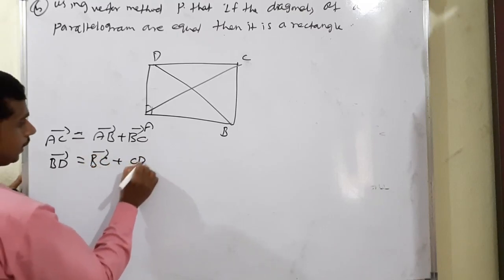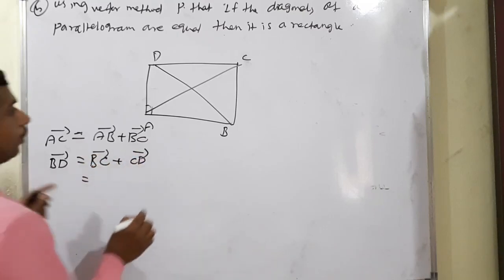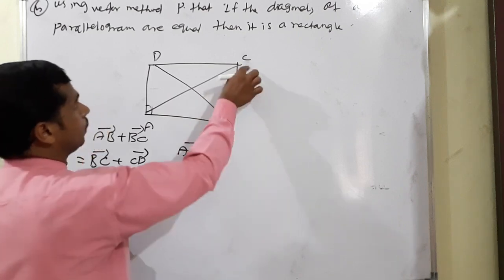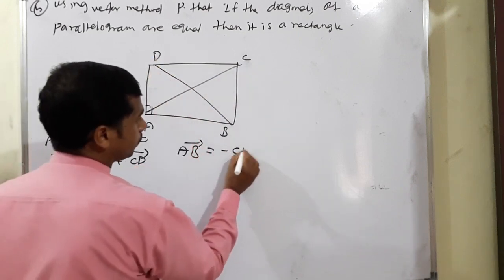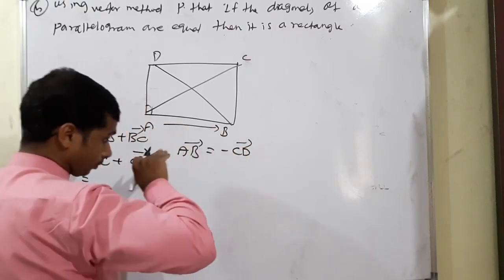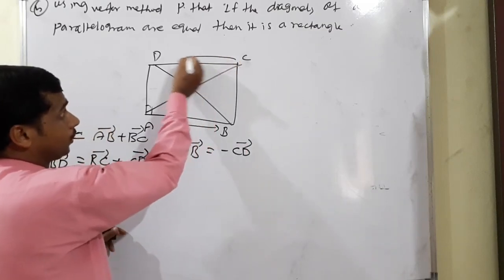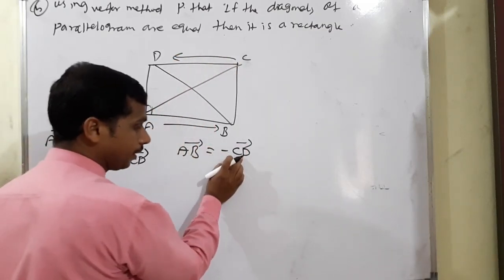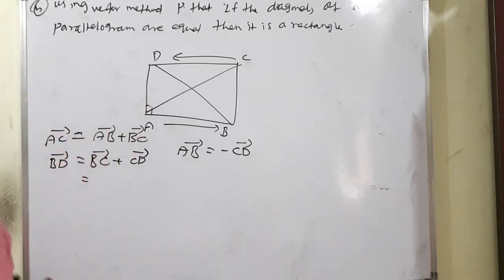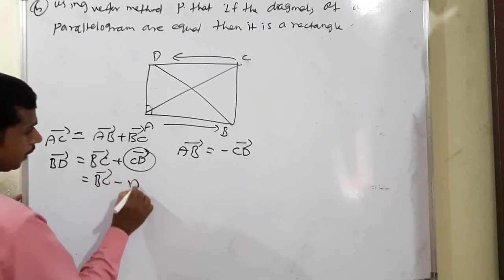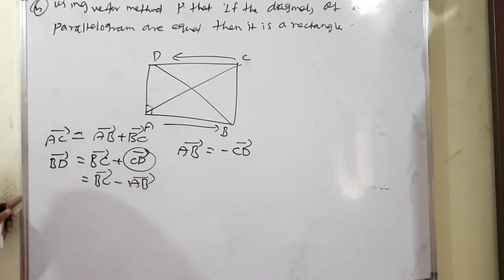Already we know AB vector is equal to negative CD. Why? Look at there, A to B is going in forward direction, but C to D is in reverse direction. That's why consider negative. So AB is equal to CD, but negative CD. Instead of CD, we can write BC vector minus AB vector.